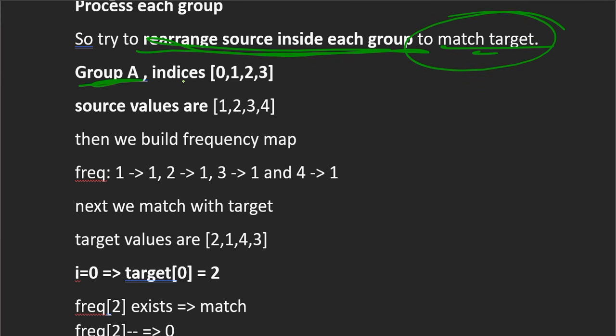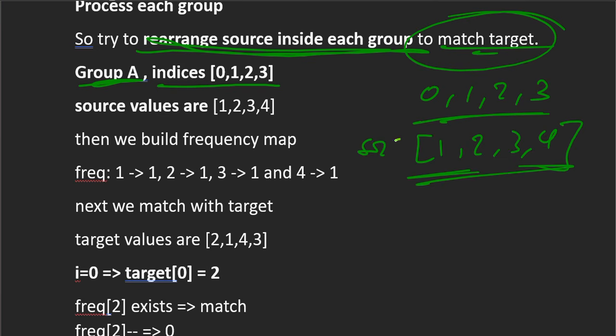First is group A, where the indexes are 0 1 2 and 3, and the values present at these indexes in the source are 1 2 3 and 4. Now we build the frequency map. 1 has a frequency of 1, 2 has a frequency of 1, 3 has a frequency of 1, and 4 has a frequency of 1.